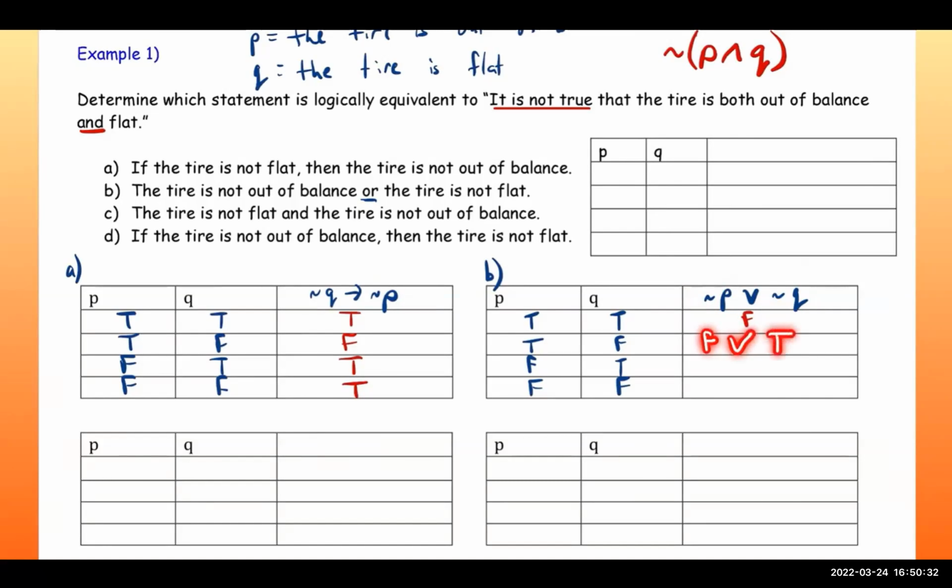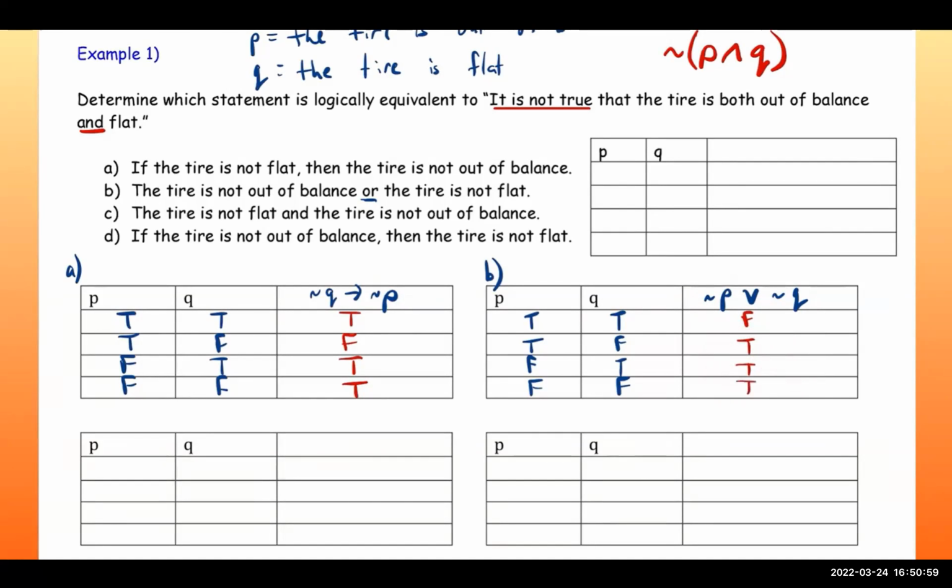Since one of them is true, the statement is true. The next one would be not P or not Q. One of them is true, therefore the statement is true. And then the last one is not P or not Q. True or true is true because they're both true. Only one of them has to be true, or both.